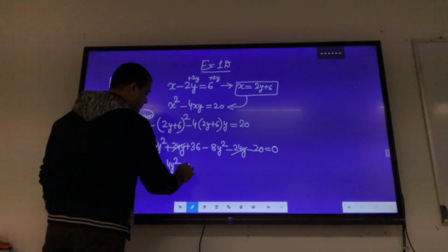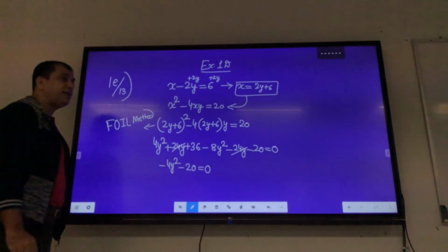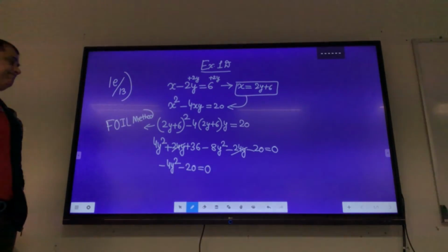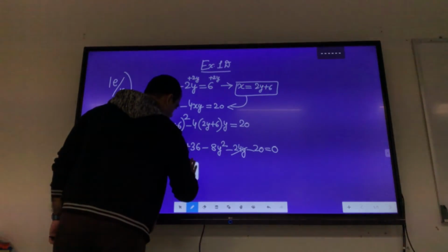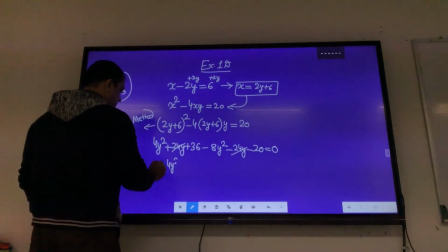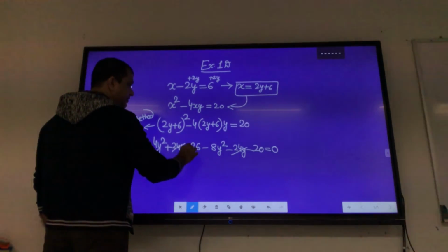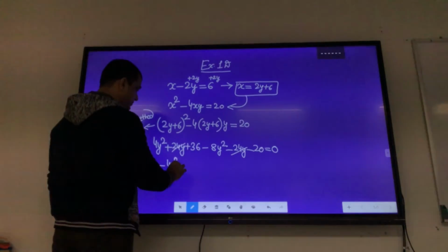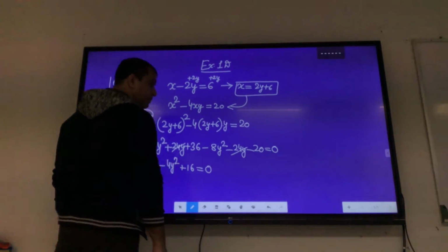Then 36 minus 20, sorry, I did it wrong. So this is minus 4y squared plus 36 minus 20 is plus 16 is equal to 0. Clear?